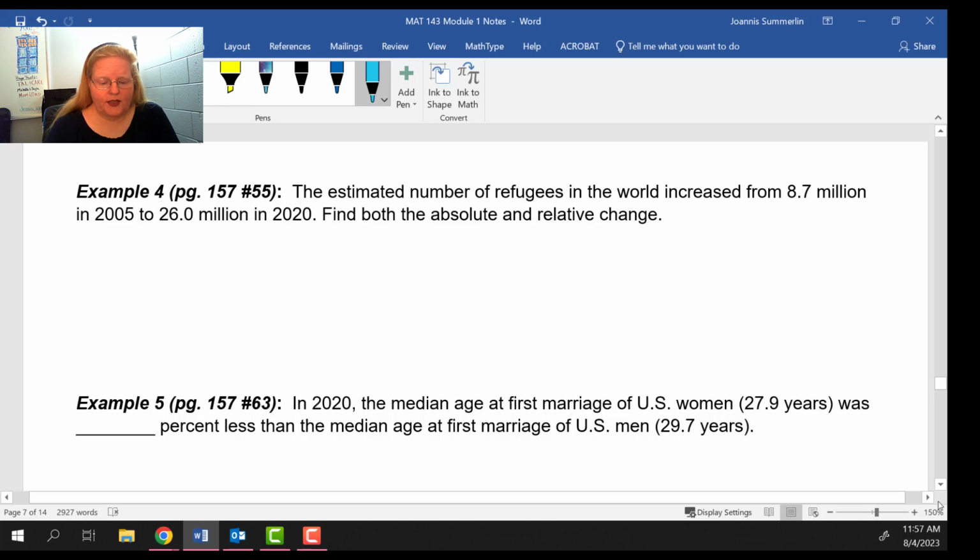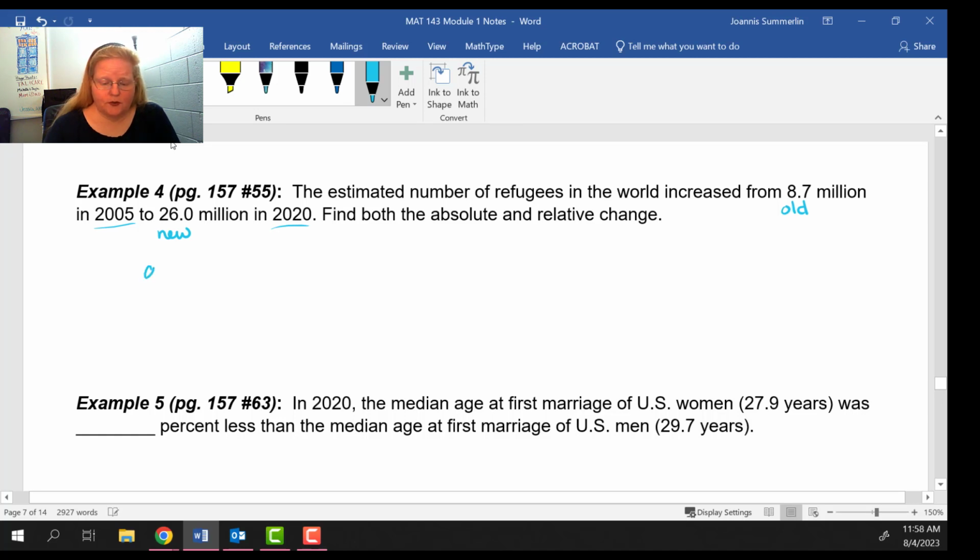Because they gave you dates. So we'd be able to figure out based on the dates which one's the old one and which one's the new one. The new one must be the one from 2020. So this is our new value, which makes this one our old value. Label them first. It'll help you out.